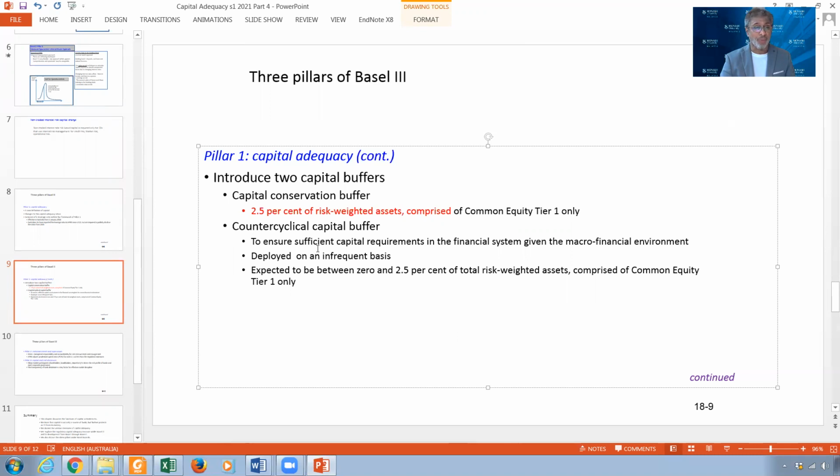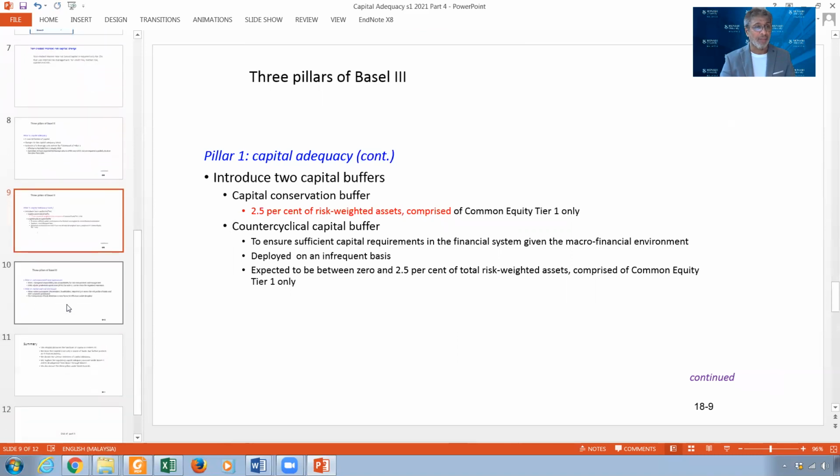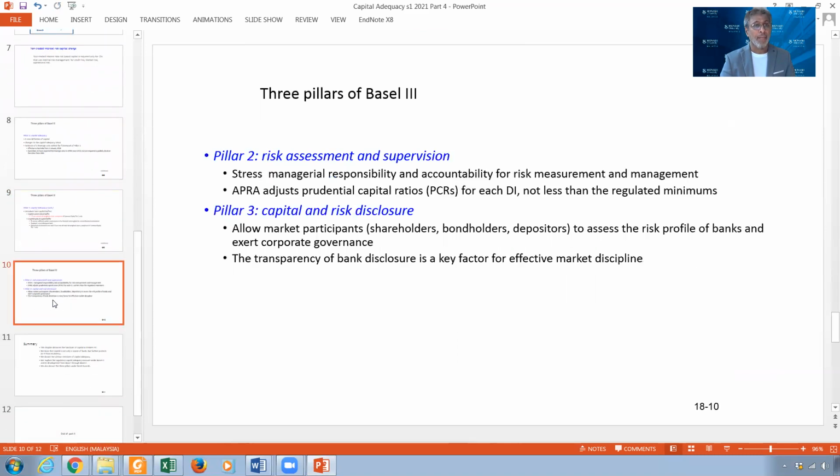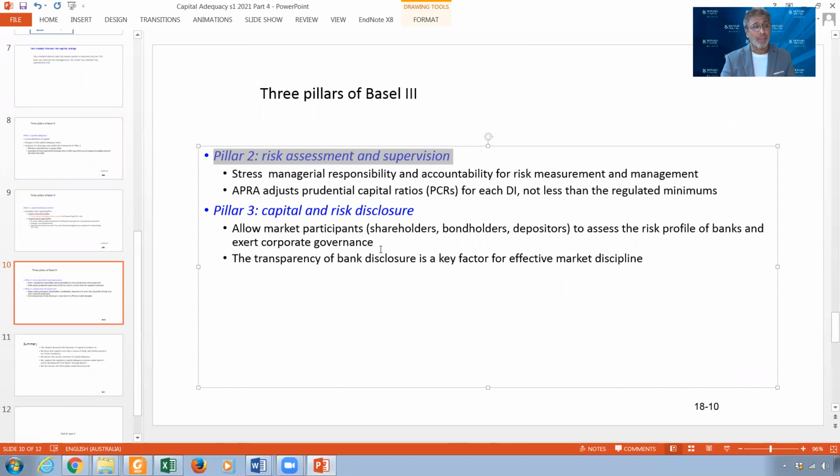regulators have the right to impose it when there is much volatility or instability in the financial market or the financial system. Now, maybe we didn't talk a lot about Pillar 2, and this is all you need to know about it. Pillar 2 stresses the managerial responsibility and accountability of risk measurement and management. APRA, which is the Australian regulator, adjusts prudential capital ratios for each deposit institution, not less than the regulated minimums.